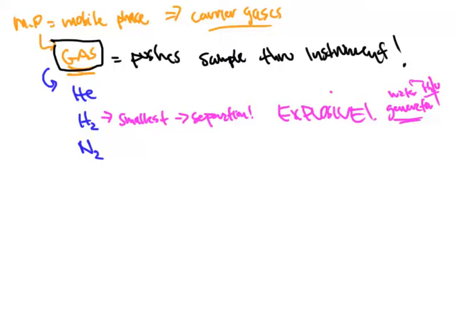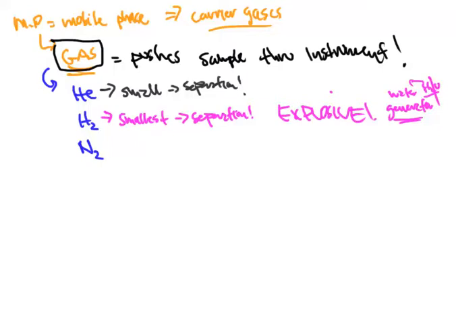Next step up is going to be helium. Okay, now helium's number 2 on the periodic table. So helium is pretty small. Not as small as hydrogen, but it's still small. So helium can do a pretty good job at separation as well. So that's good news.